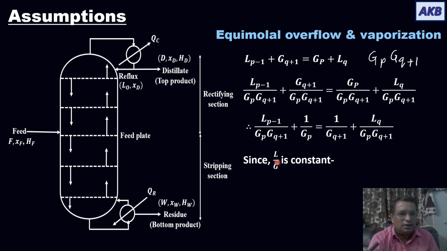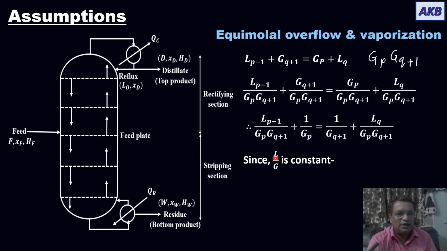Okay. Now since L by G is constant, which is the case due to the assumption that we had made, the previous two assumptions, heat loss is negligible and heats of solution negligible.